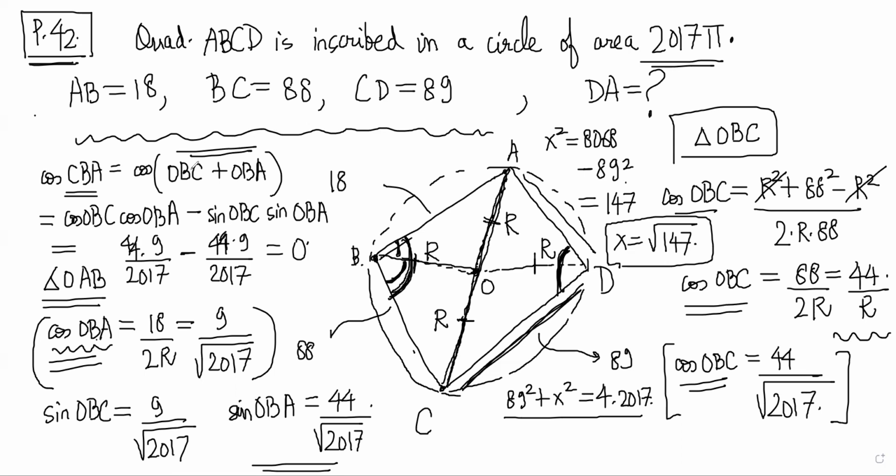And we got that overall angle ABC is coming out to be 90 degrees, which means AC is the diameter and then AD is very easy to find. I hope it is clear to everyone. Yes, sir. It is an application of cosine rule. It's not very difficult, and this trigonometric result.